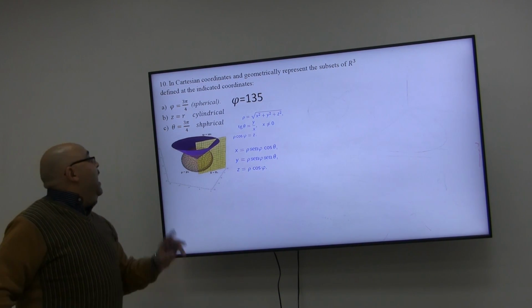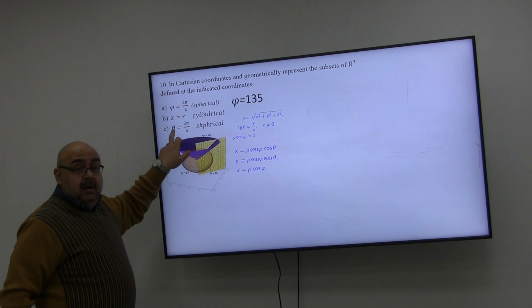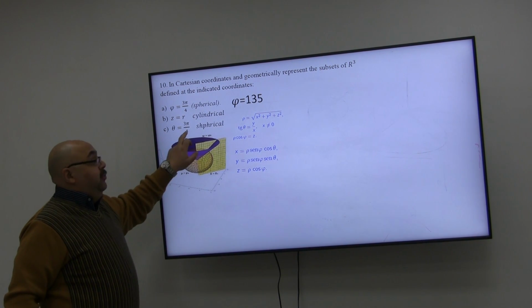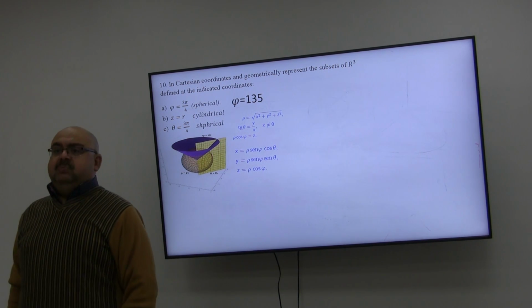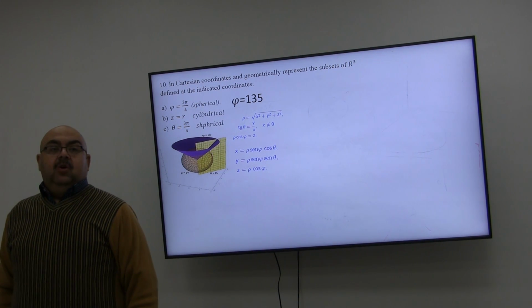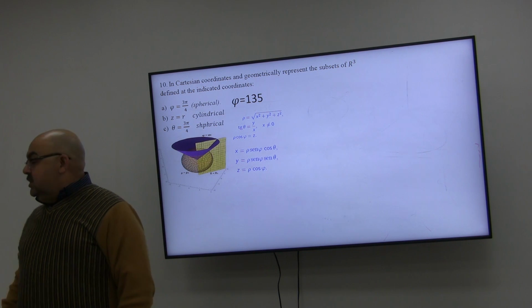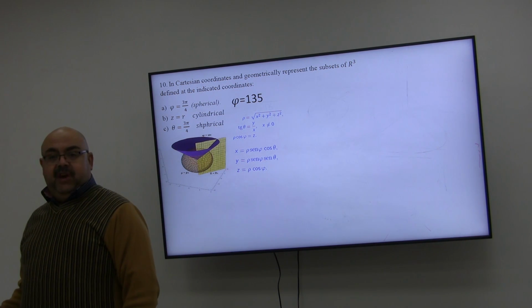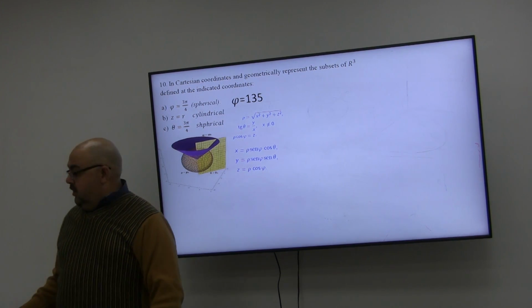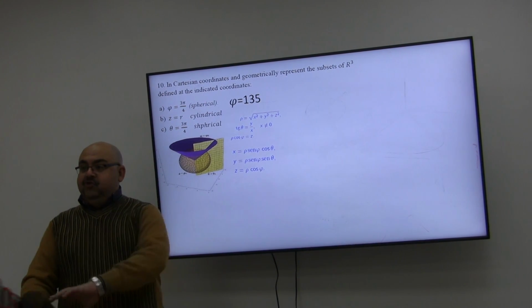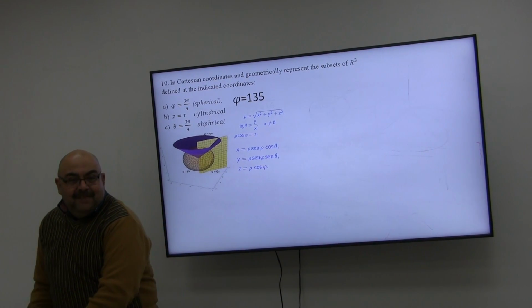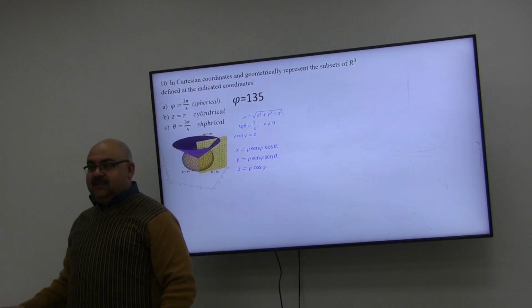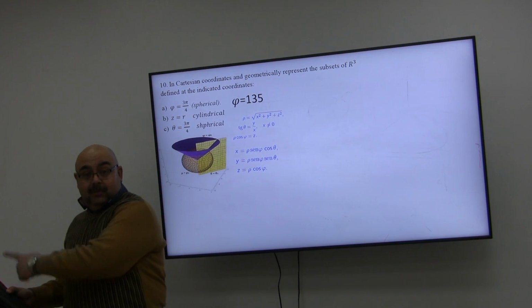What will happen if theta is equal to 3 pi over 4? Theta instead of phi. So once more, that's the space. Theta runs from the positive direction of x and it will move 360. This is how theta moves. And the r moves like this, from 0 up to infinity.